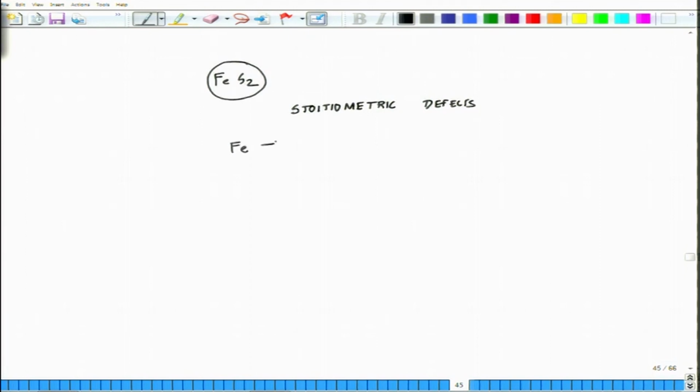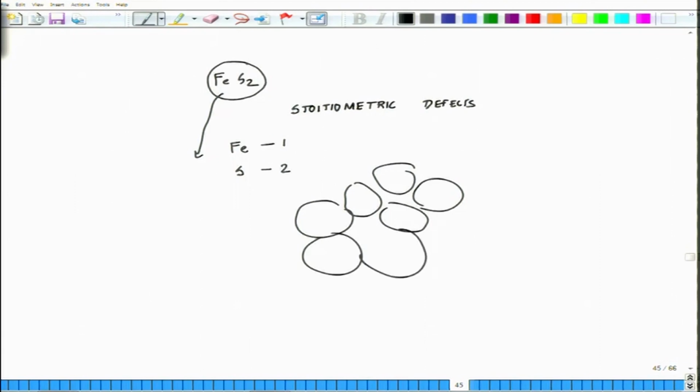Our assumption is there is one atom of iron and two atoms of sulfur, but when they form a mass, then there will be few iron pyrite molecules. So, for example, something like this, and each one of these circles represents a single molecule of FeS2.